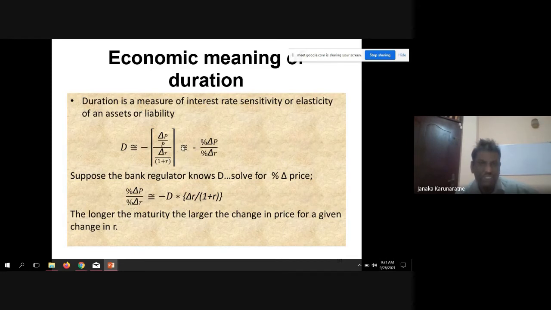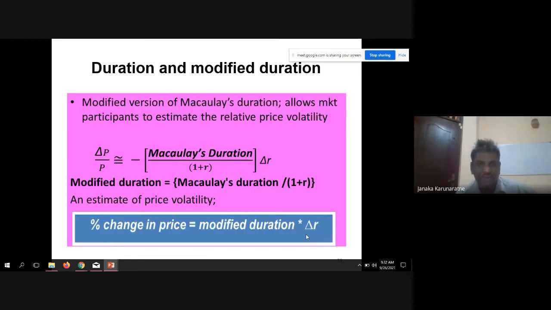I have used this approximation sign: change in price divided by change in interest rate, that is, change in the market yield, is approximately minus D, D meaning duration, times change in interest rate divided by 1 plus R. So the longer the maturity, the larger the change in price for a given change in R. This is a pretty simple formula; I will simplify it further later.